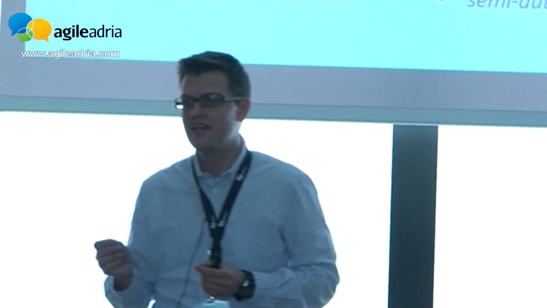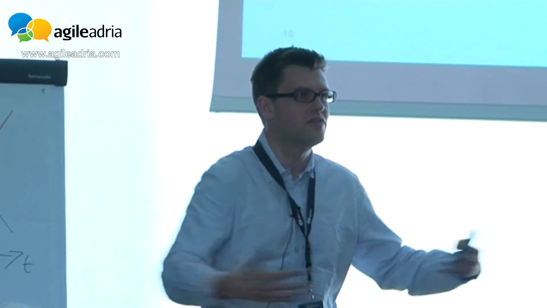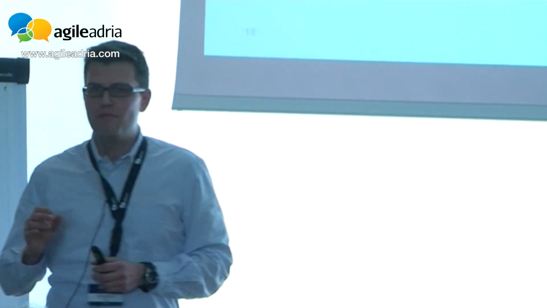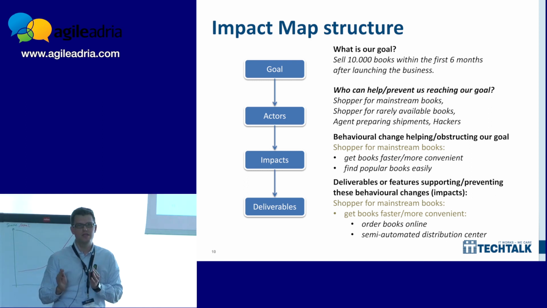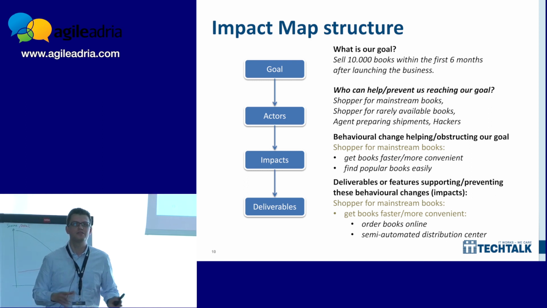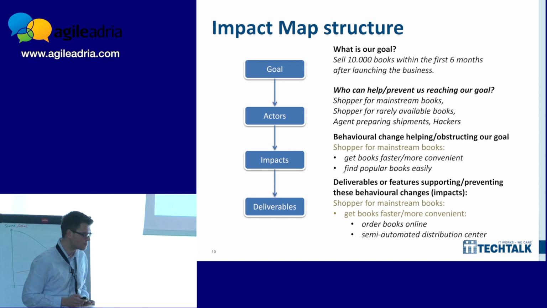You could also say, I have a super fast distribution center, and that's why I can deliver a large catalog of books much faster. I can serve the long tail of shoppers, so I have a huge catalog which no physical shop could ever have, and I can serve this through some distribution center. So making an impact towards a goal can mean different systems and even things which happen outside a software system.